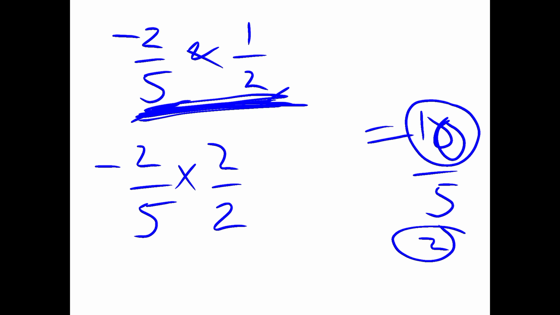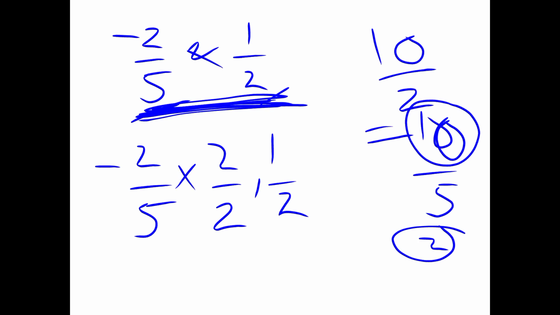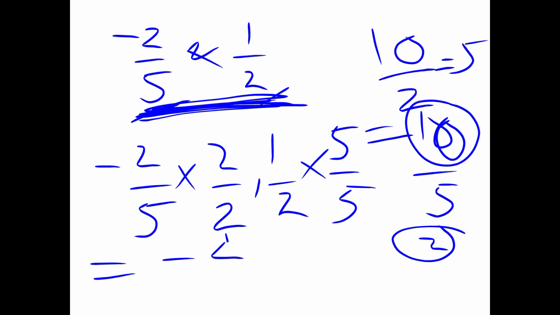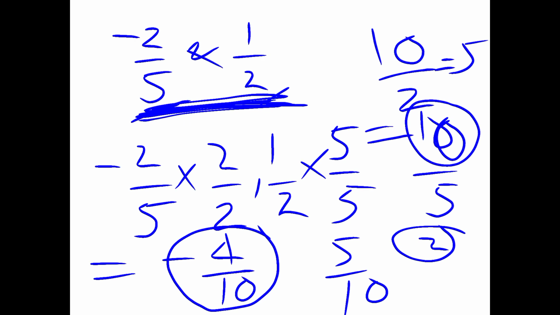Then take 1 by 2 and divide the LCM by its denominator, and you will get 5 as the answer. Multiply this 5 in the numerator as well as the denominator. You will get 2 twos are 4, minus 4 divided by 10, and 5 ones are 5, 5 twos are 10. So minus 2 by 5 becomes minus 4 by 10, and 1 by 2 becomes 5 by 10.